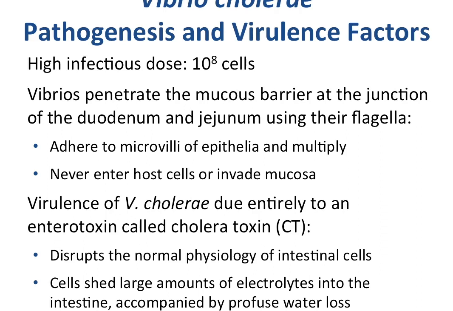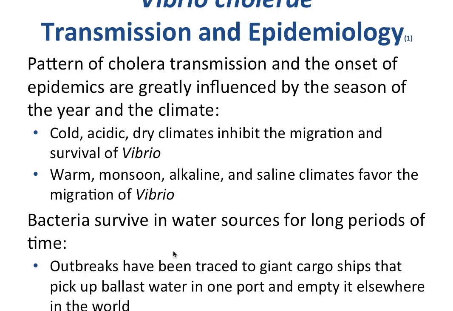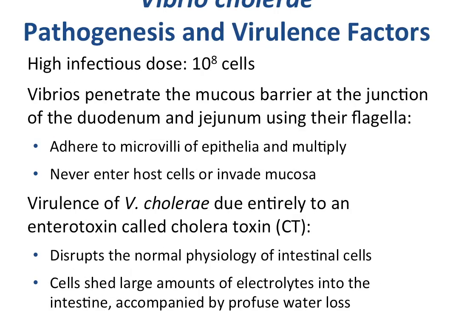And then the Vibrio will secrete the cholera toxin. So this type of toxin can inhibit the epithelial cells' function, and can cause huge secretion from the epithelium.